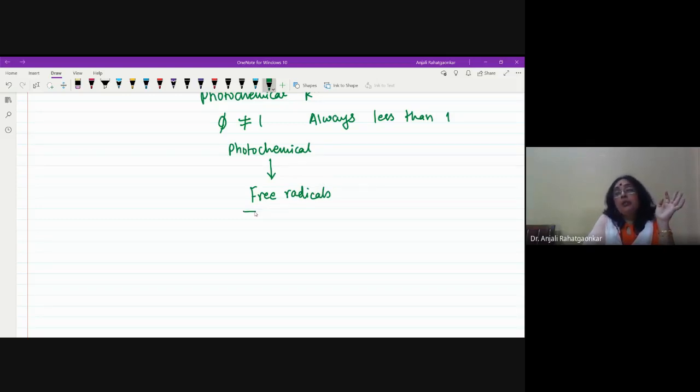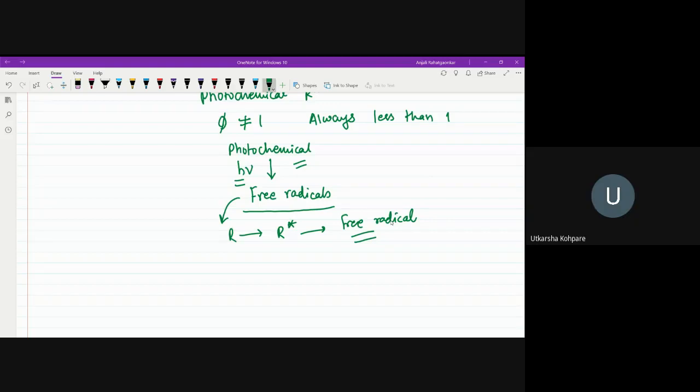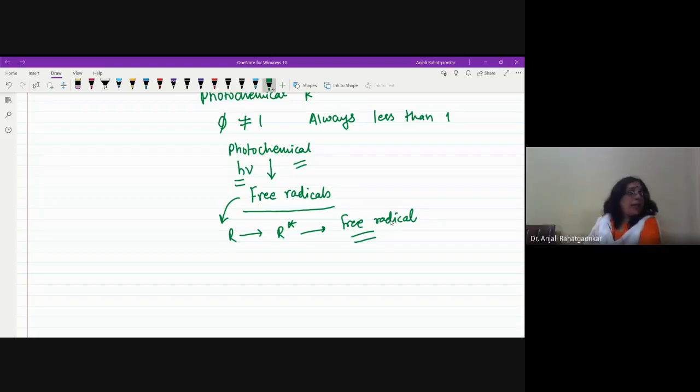The reaction proceeds via formation of free radicals. Please remember. As the reaction is photochemical, any light source bombards the R, there is an excitation, and that excitation will give you a free radical. Is that understood? Yes, ma'am.